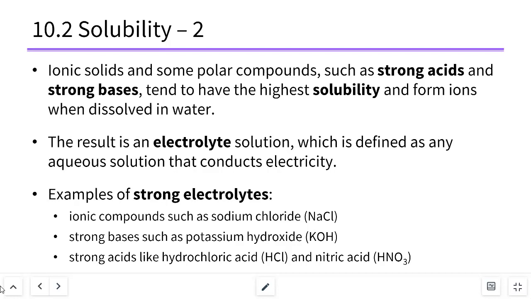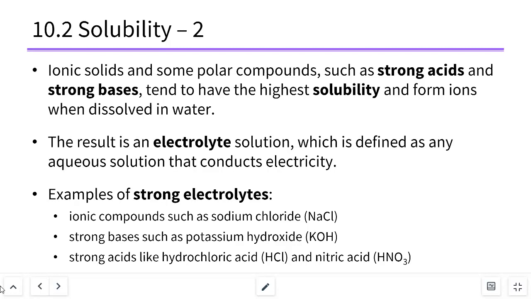The classification of these electrolytes is related to how well they conduct electricity. Strong electrolytes conduct electricity very well. Weak electrolytes conduct electricity, but not terribly great. Non-electrolytes basically don't conduct electricity at all.